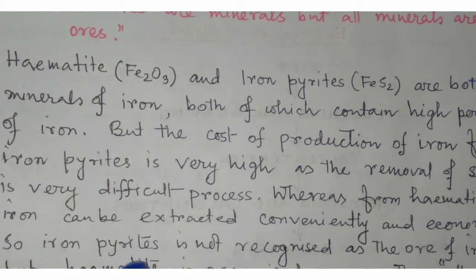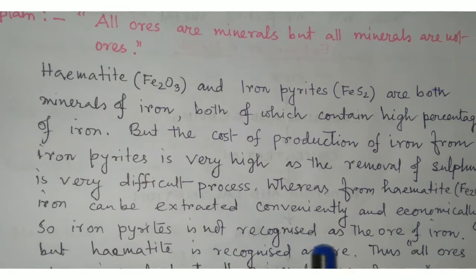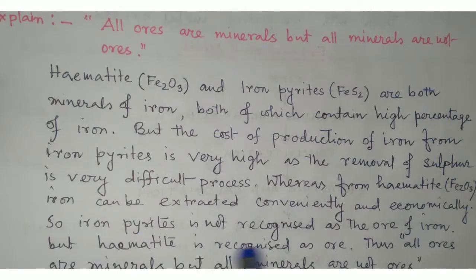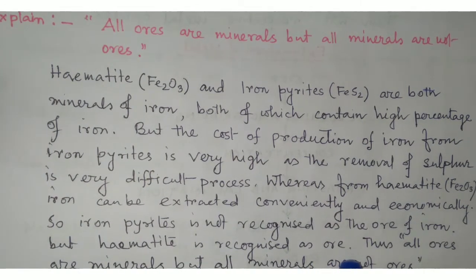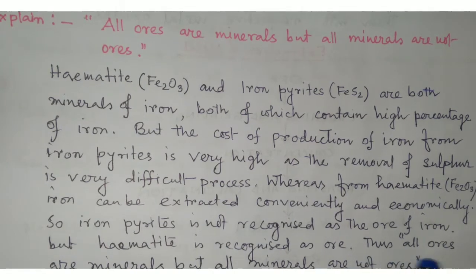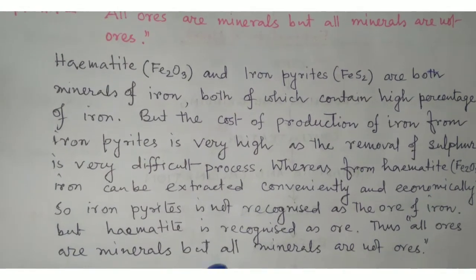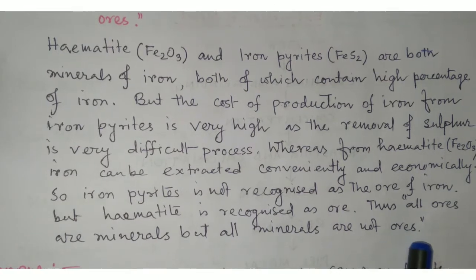So iron pyrites is not recognized as the ore of iron, but hematite is recognized as an ore. Thus, we can say all ores are minerals, but all minerals are not ores.